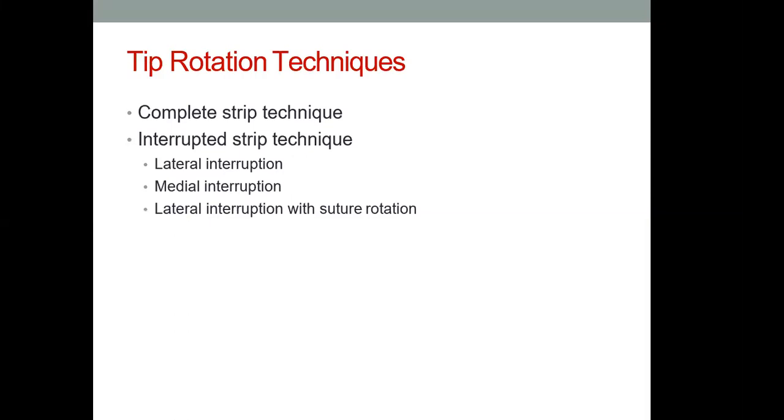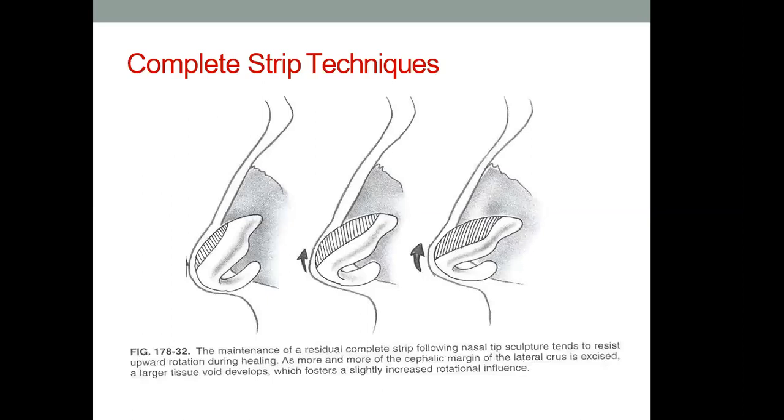Now I'll talk about the tip rotation techniques. We have either the complete strip technique or the interrupted strip technique, which includes lateral, medial, or lateral interrupted with suture. In the complete strip, as you see here, we are resecting part of the cephalic portion of the lower lateral cartilage.